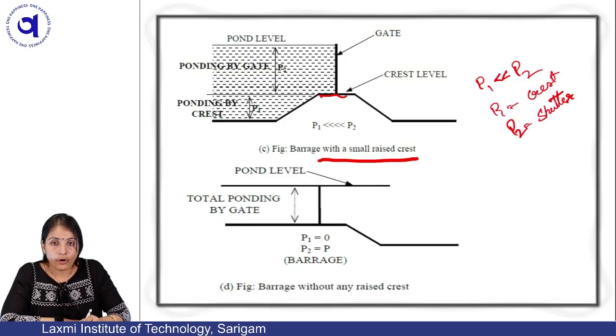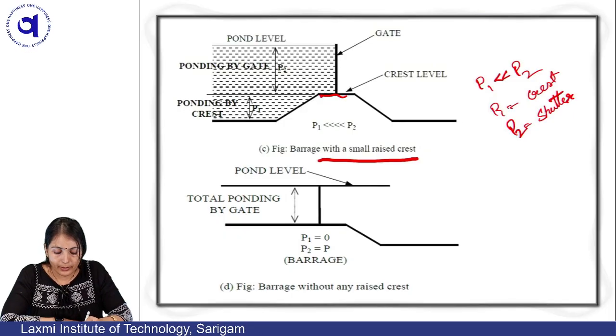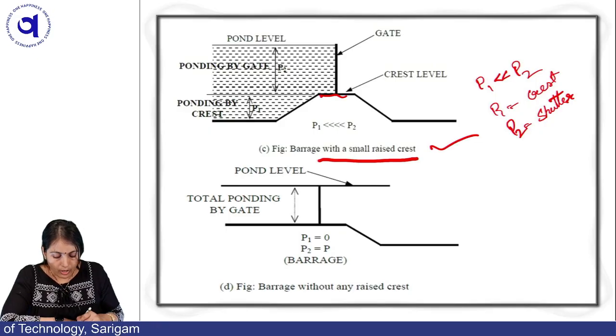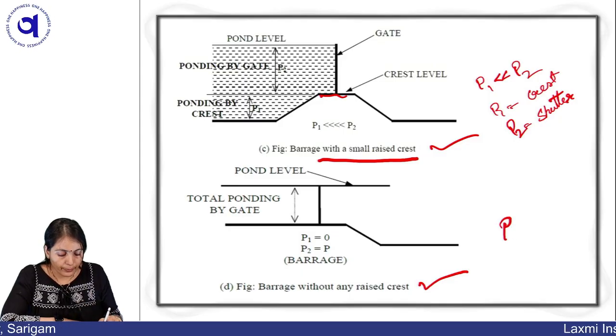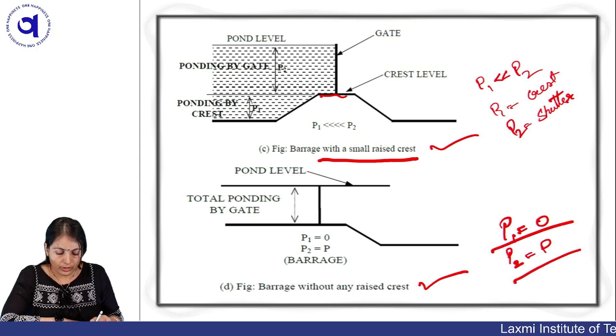Whatever pondage of water is done by the gate is more than the pondage done by the crest. This is the pond level, with the gate provided on a small raised crest. Now barrage without any raised crest: it is possible to have no raised crest, so you have P1 equal to 0 and P2 equal to P. This is very important, and I think you understood.